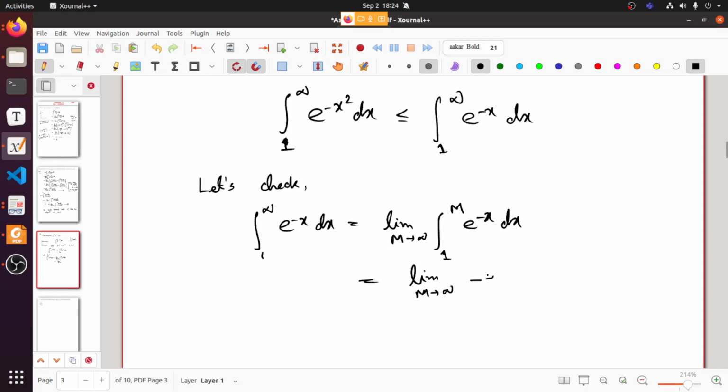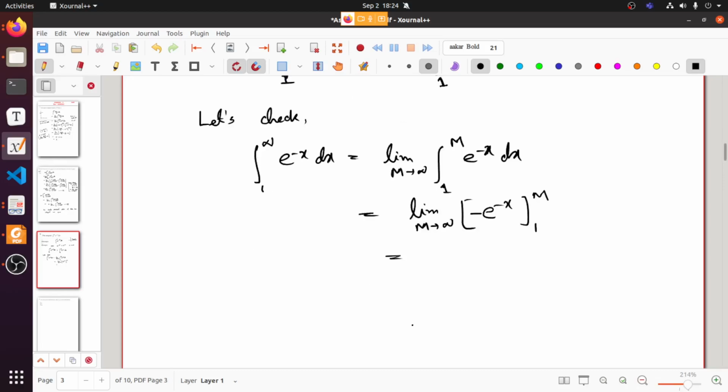So it will be minus e to the power minus x, and the value is from 1 to m. Now if you put it, what you will get? Minus limit m tends to infinity e to the power minus m minus e inverse, right?